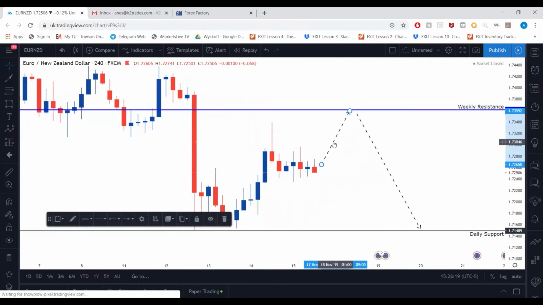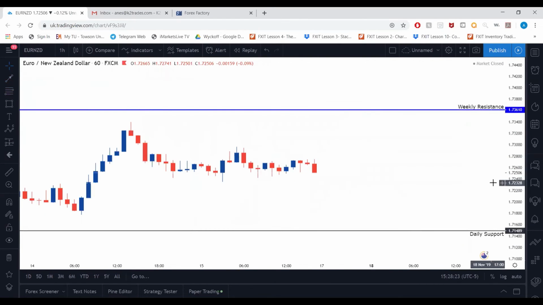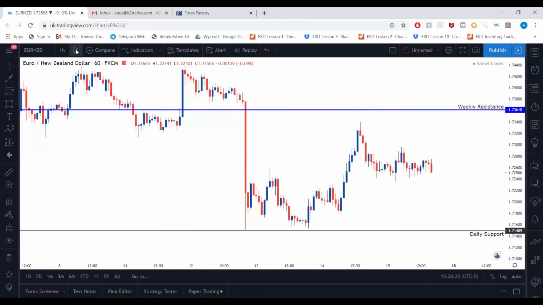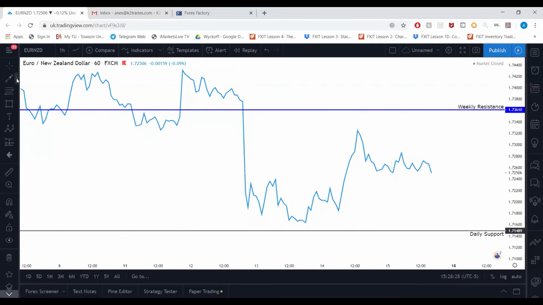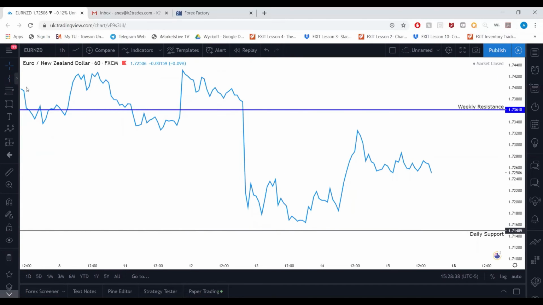But on a smaller time frame, if this breaks, maybe we can catch some momentum. Wait, not the right line.